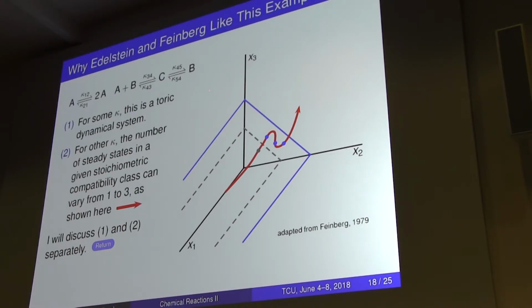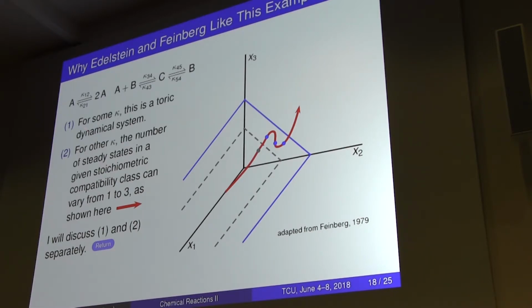Here's the picture. This is a case where the stoichiometric compatibility classes are unbounded. For the one shown in dashed gray lines, there's only one steady state, but the one in blue actually has 3 steady states. And so that's the stuff that can happen.